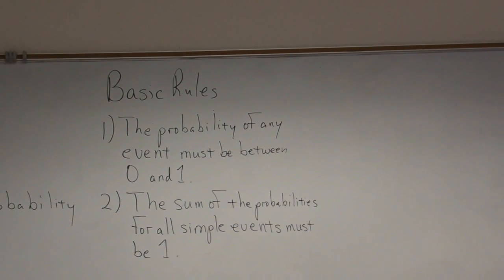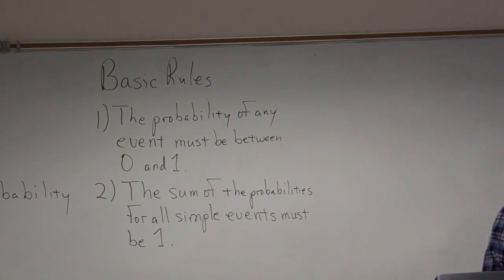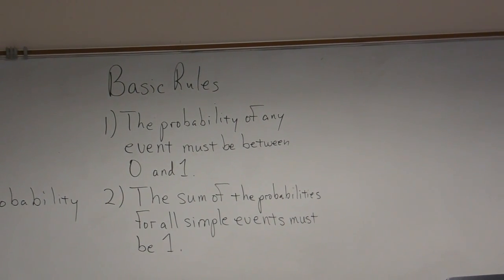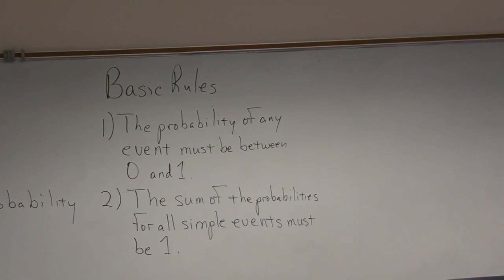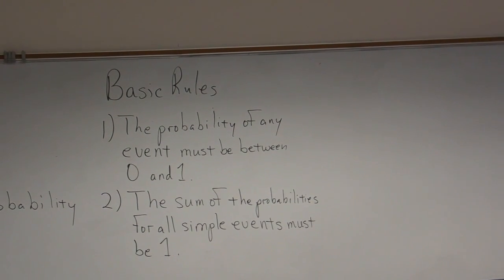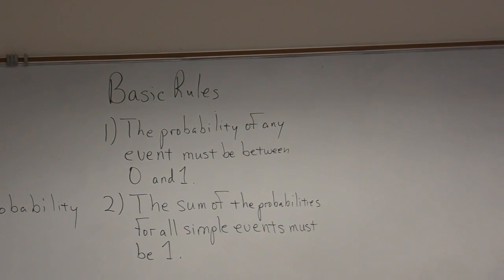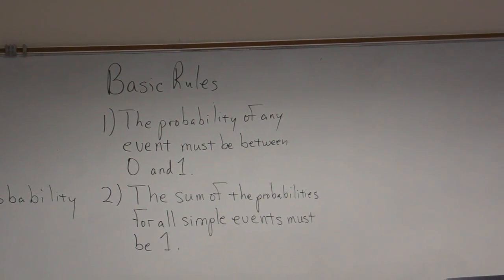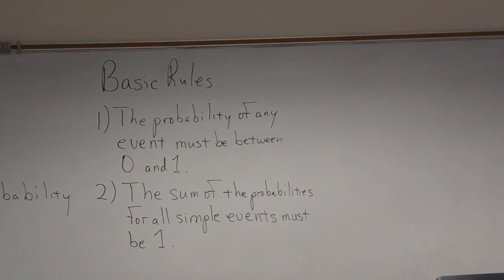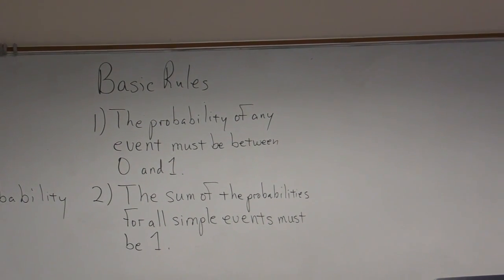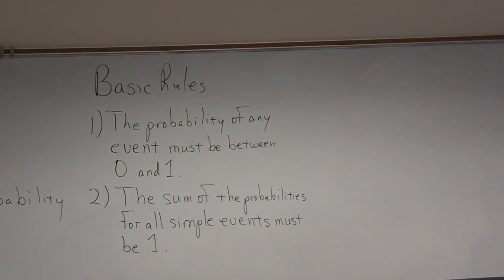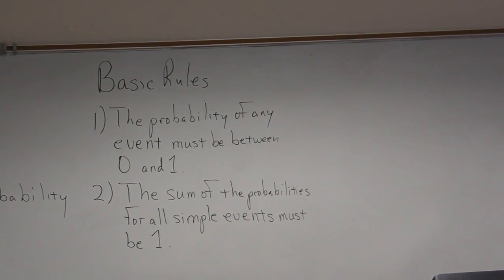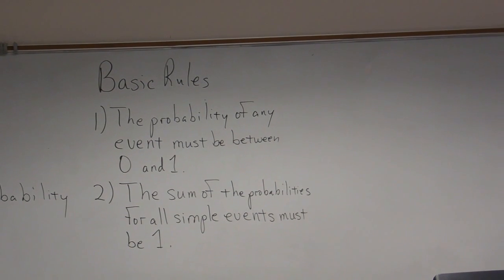So if we take the probability, for example, of how many traffic lights you stop at, that if you go through 4 traffic lights, there's the probability you stop at none, there's the probability you stop at 1, the probability you stop at 2, the probability you stop at 3, and the probability you stop at 4. They all have to add up to 1. The individual probabilities would be between 0 and 1, but if we add up the sum of all of those, one of those events has to occur. So those are our 2 basic rules.